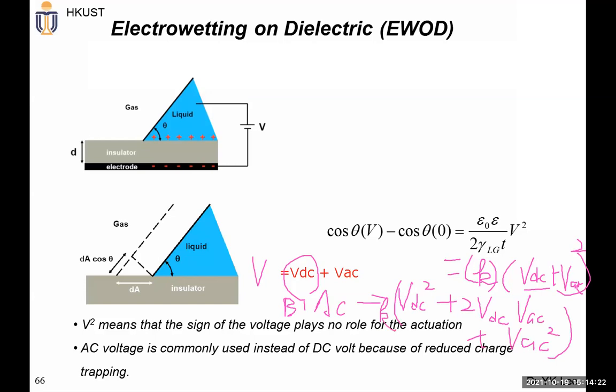If VDC is much bigger than VAC, then VAC squared is a small number, so we can ignore it here. So this is constant.